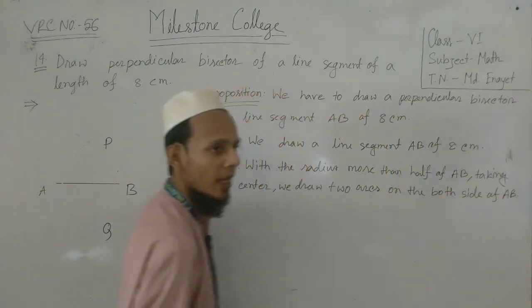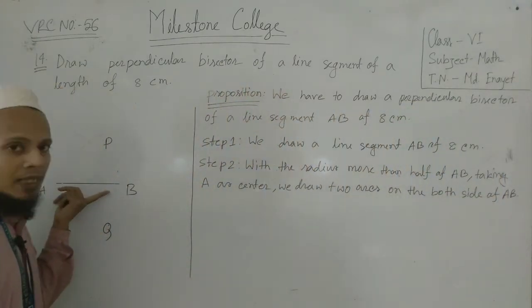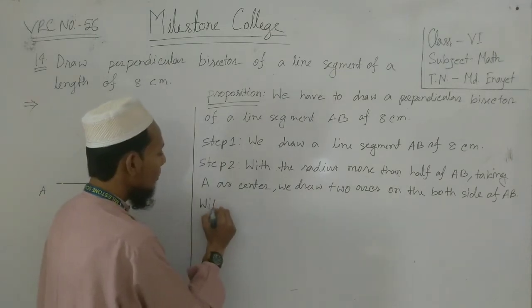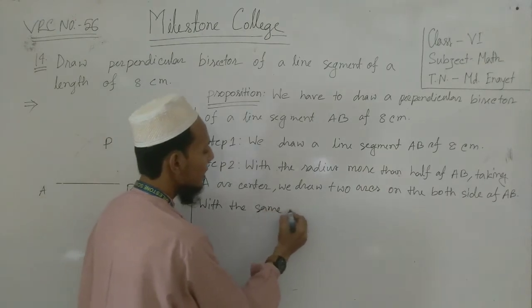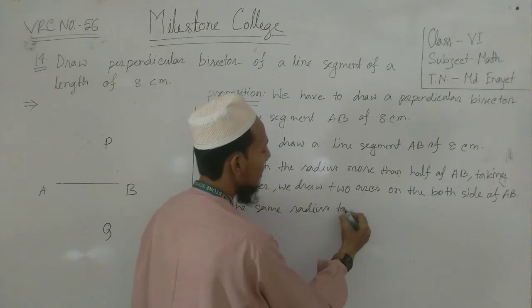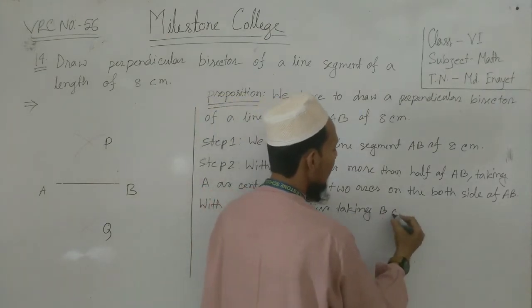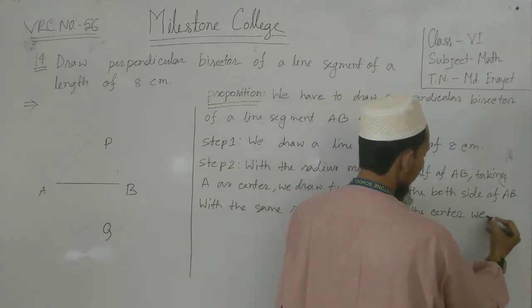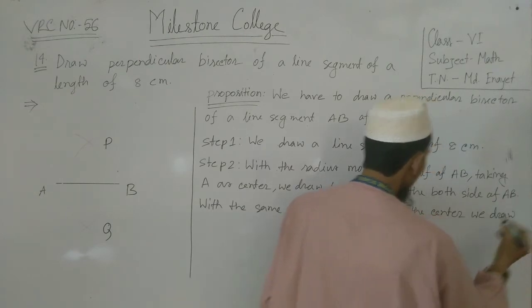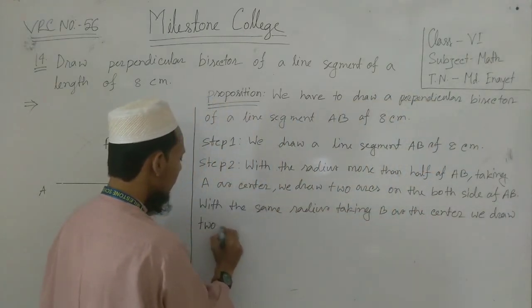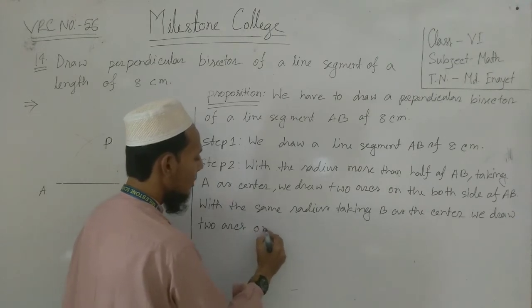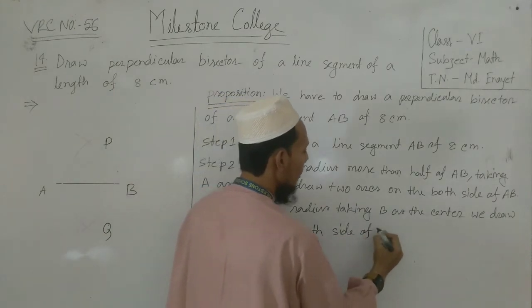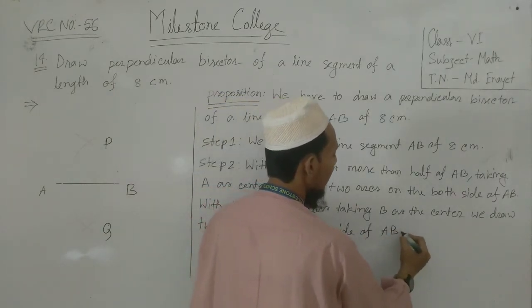And then what have I done? This time, taking B as the center with the same radius, we draw two arcs on both sides of AB.